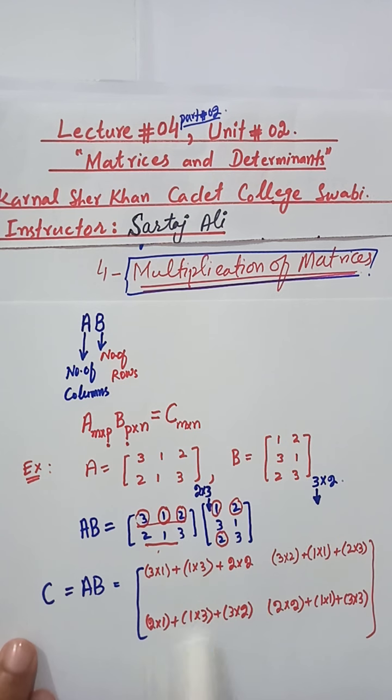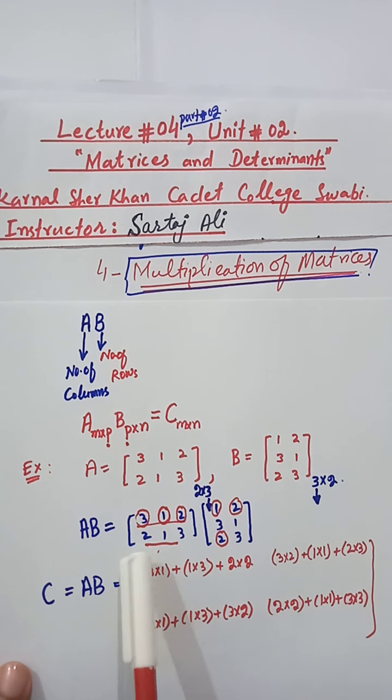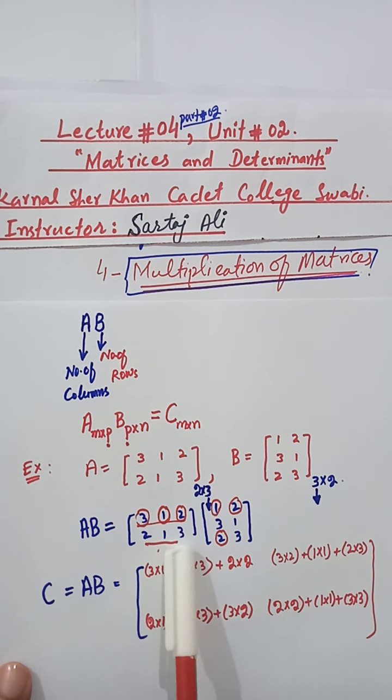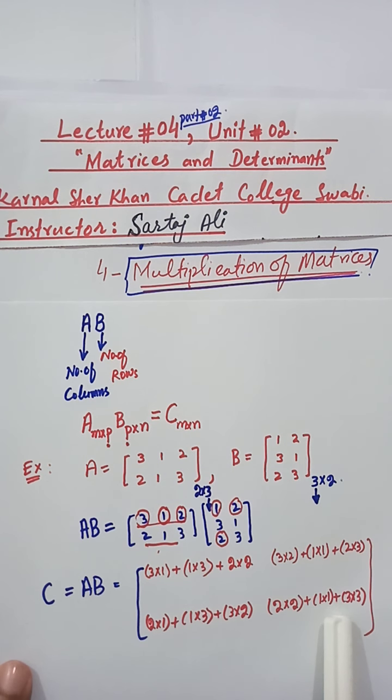When you sum that product, you get a single number, and that single number will be the element of the resultant matrix C, and that element must be written in the position present in the second row and first column because this is obtained from multiplying the second row with the first column, and similarly this is from the second row and second column.